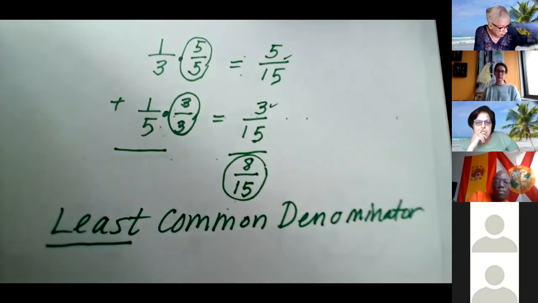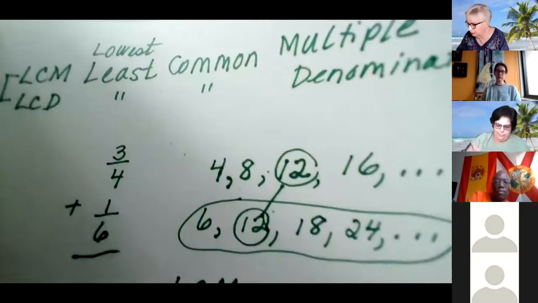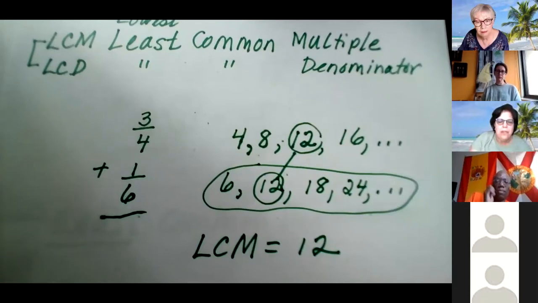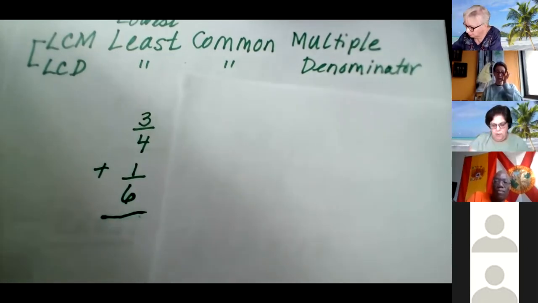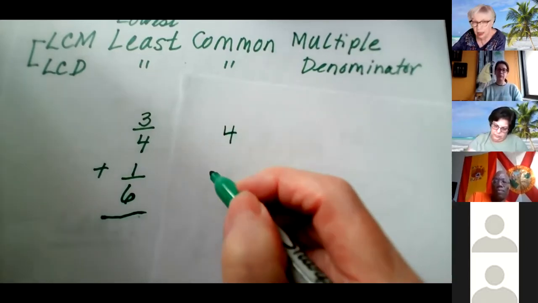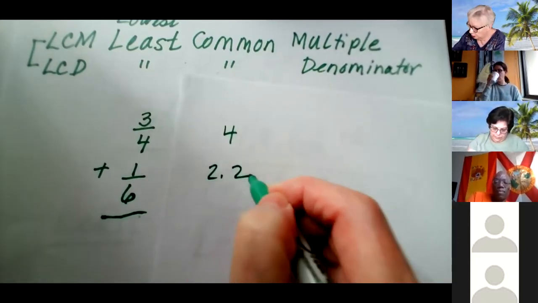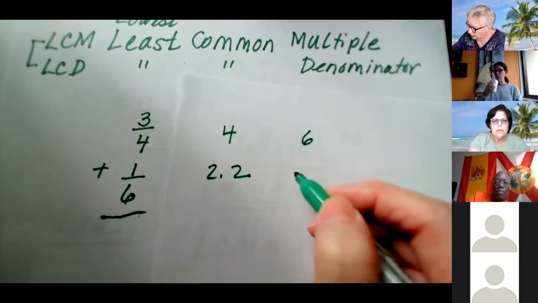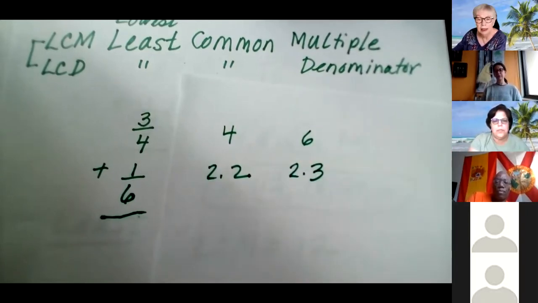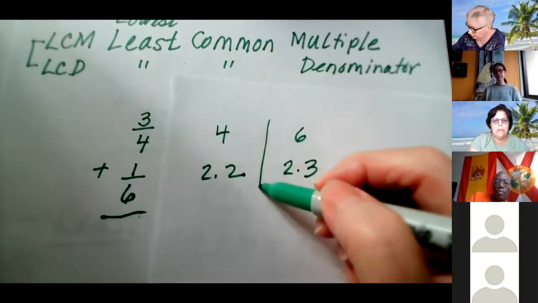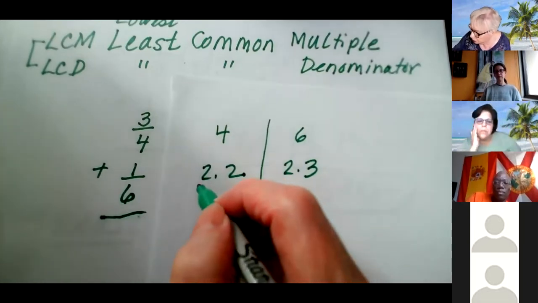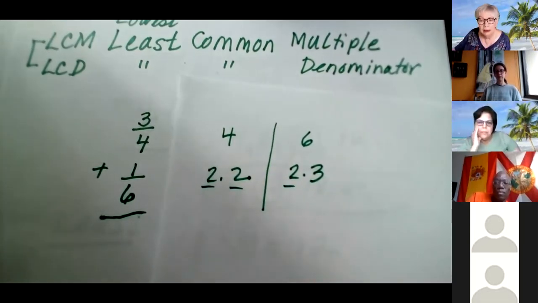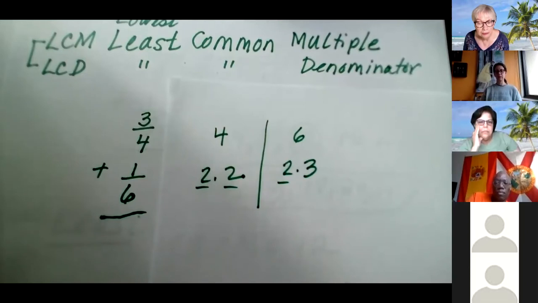On the other hand, this one: 4 is made up of 2 times 2. And 6 is made up of 2 times 3. So we don't multiply 4 times 6 to get 24 because we actually have a common 2.